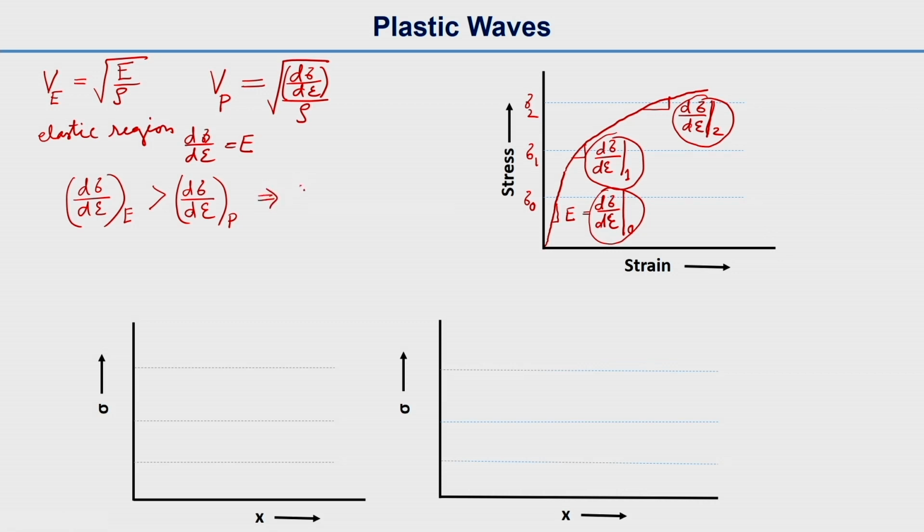So that means the velocity of elastic wave is higher than the velocity of plastic wave. That is an important conclusion from here. And also V plastic decreases in the plastic region with decreasing work hardening.